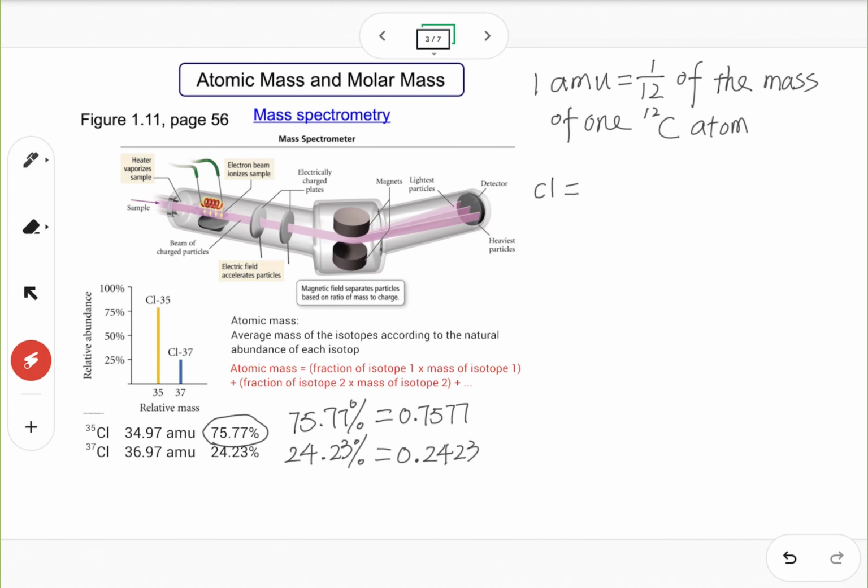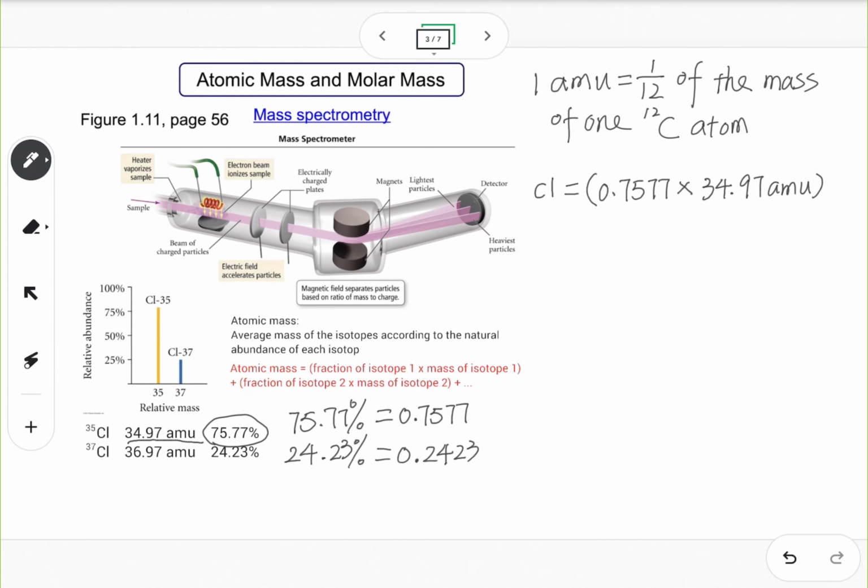All right, so let's start the calculation of the chlorine element. The fraction of isotope 1, the fraction of chlorine 35, is 0.7577 times the corresponding mass of isotope 1, chlorine 35, 34.97 AMU.